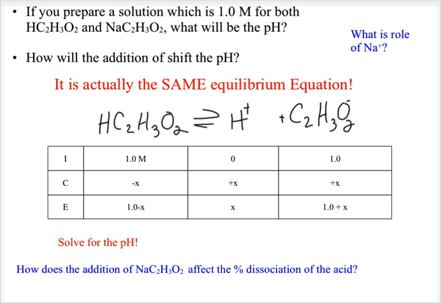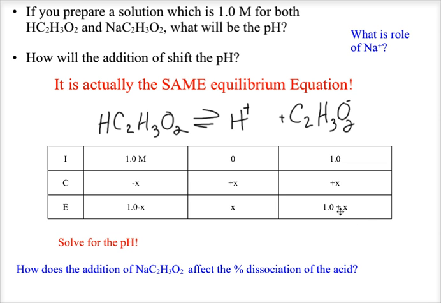So what does the addition of sodium acetate do to the amount of acid that dissociates? Well, actually what it does is it decreases the percent dissociated. Calculate that value and bring it into class next time we meet, the percent dissociated.